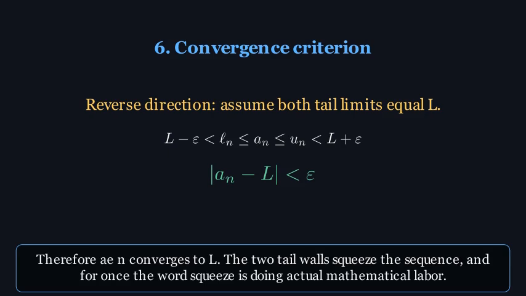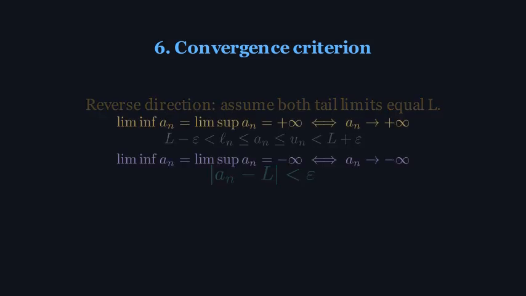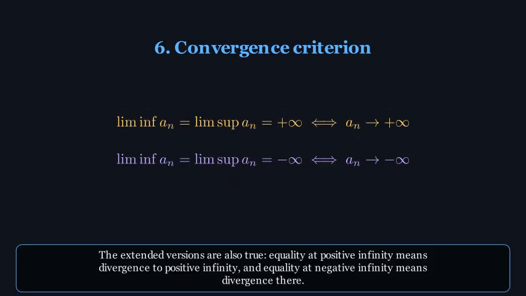And for once the word squeeze is doing actual mathematical labor. The extended versions are also true. Equality at positive infinity means divergence to positive infinity, and equality at negative infinity means divergence there.